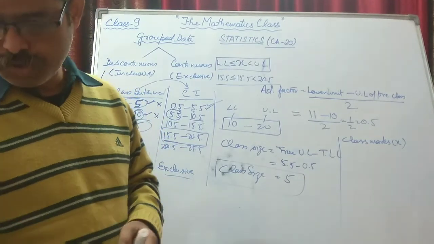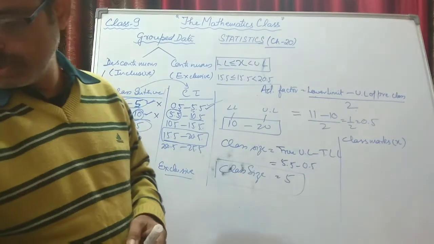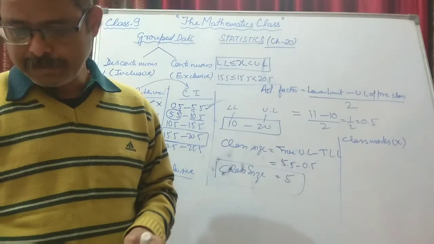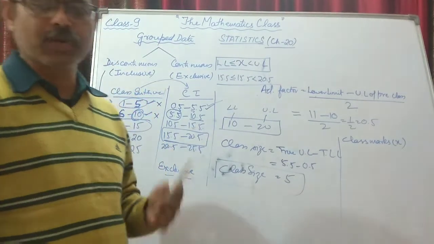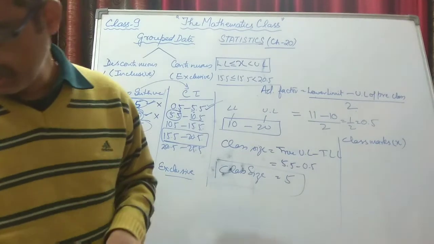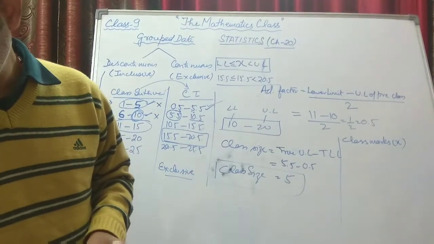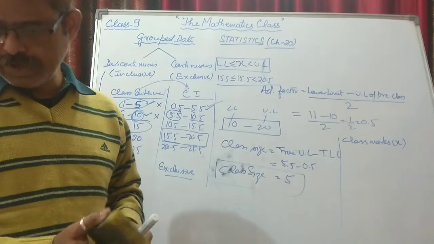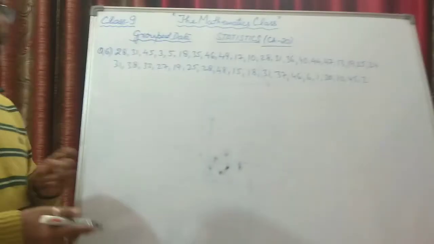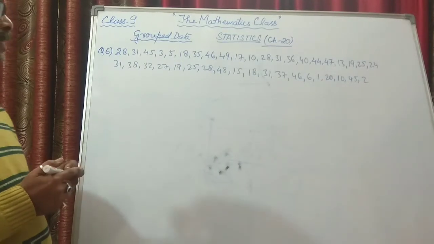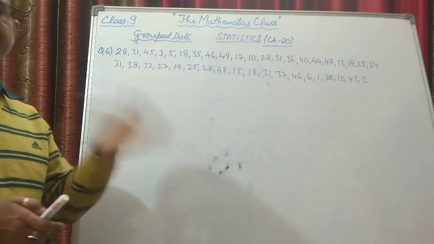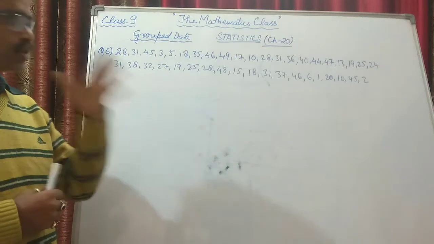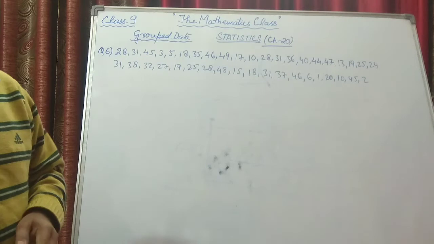All the questions are simply based on this, simply writing the class marks, what is variate and all that. So I'll be doing question number 6 in this exercise only. I have taken this question because it has everything that has been discussed just now. I'll read out the question.